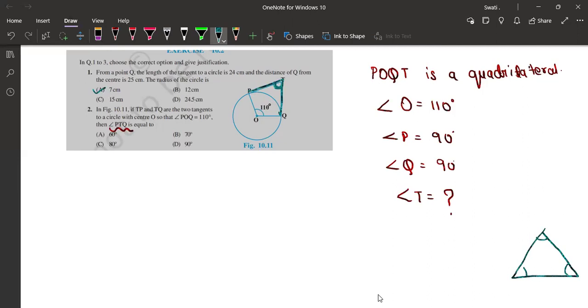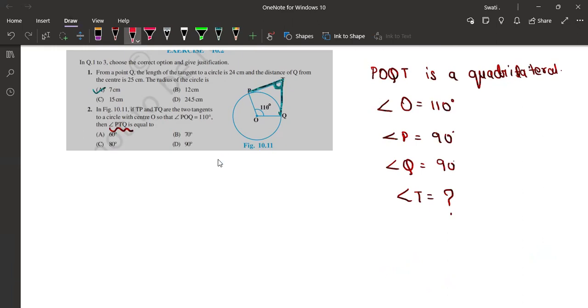एक ट्राइंगल में जो तीनों एंगल का सम होता है वो 180 डिग्री होता है, बट एक क्वाड्रिलेटरल में जो चारों एंगल का सम होता है, do you know what is that? That is always equal to what? 360 degrees. Okay, माने आपको ये याद रखना है, एक ट्राइंगल में तीन एंगल का सम होता है फिक्स्ड 180 डिग्री और एक क्वाड्रिलेटरल में चारों एंगल्स के जो सम होते हैं वो होते हैं 360 डिग्रीज.